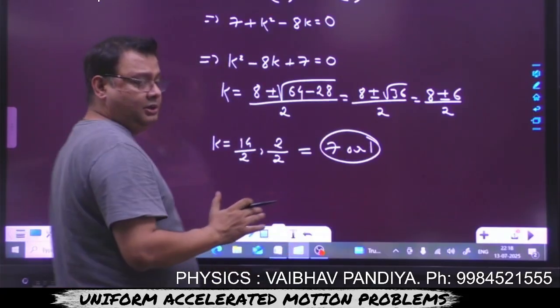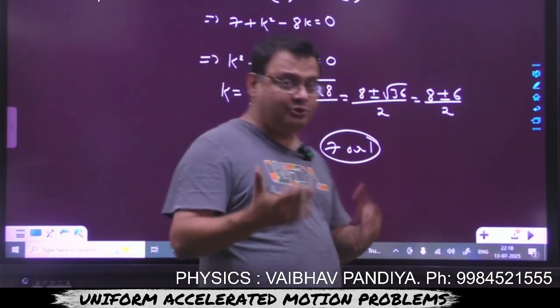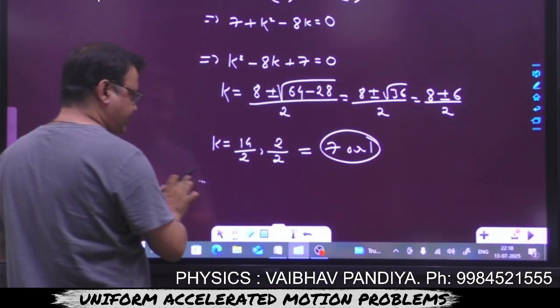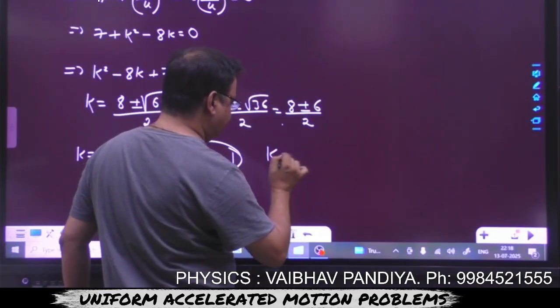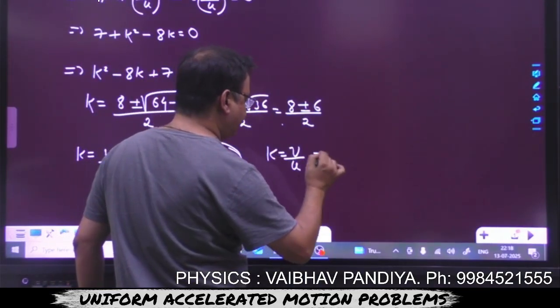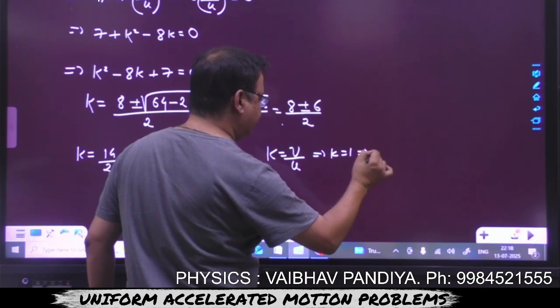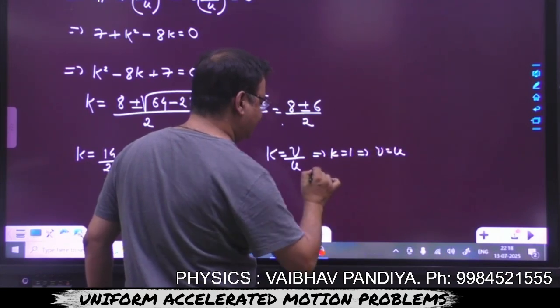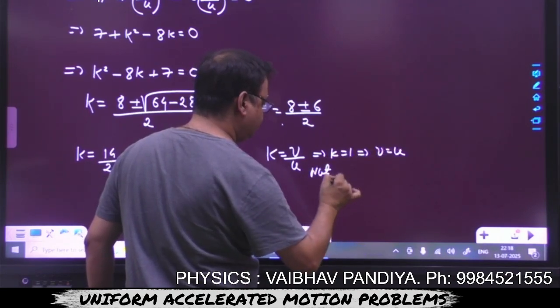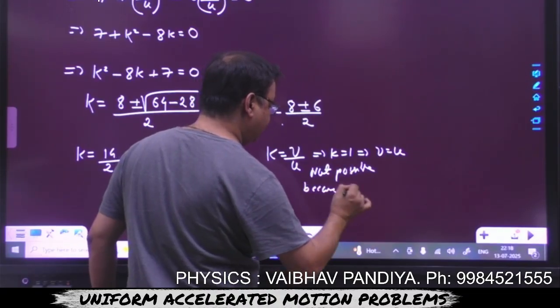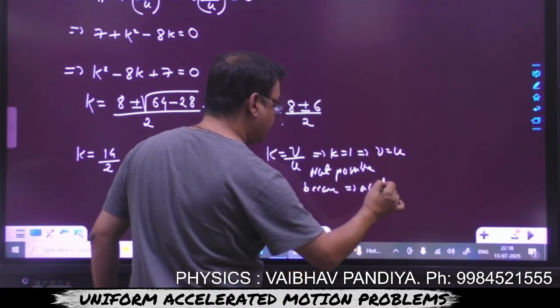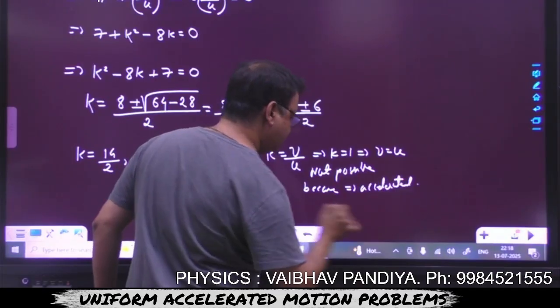Now see, V cannot be equal to U because the motion is accelerated. It cannot be equal to 1 since k is V by U. So if k is equal to 1, it will imply that V is equal to U, which is not possible because the motion is accelerated, okay?